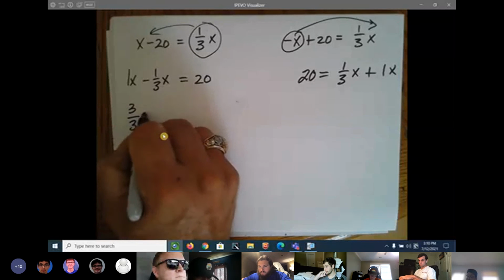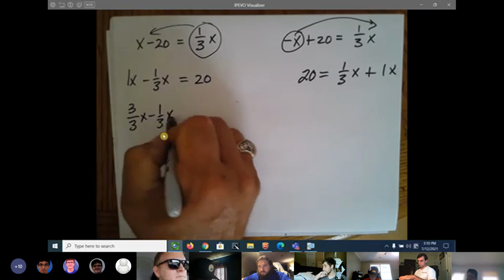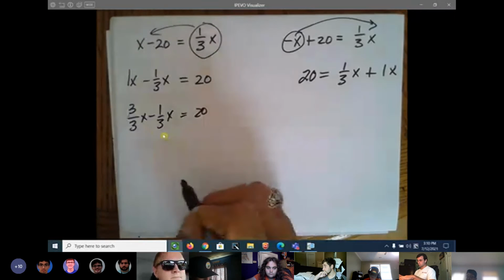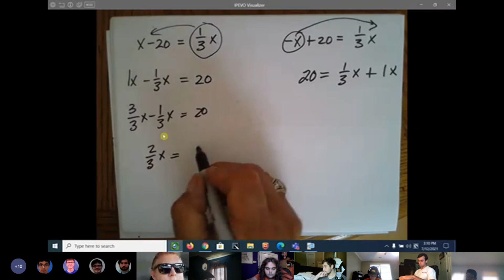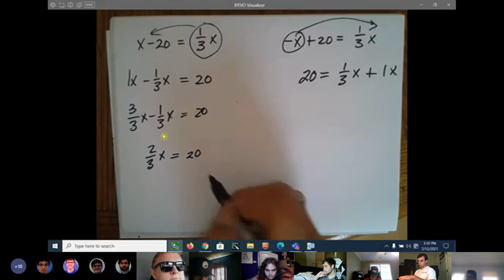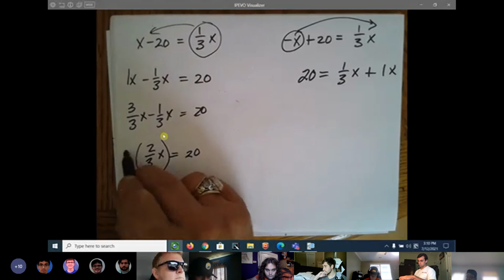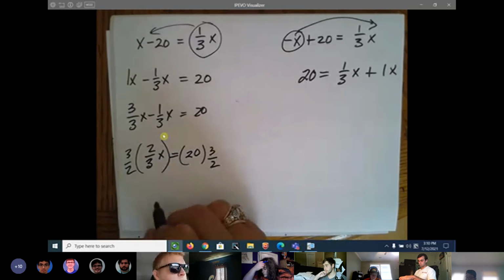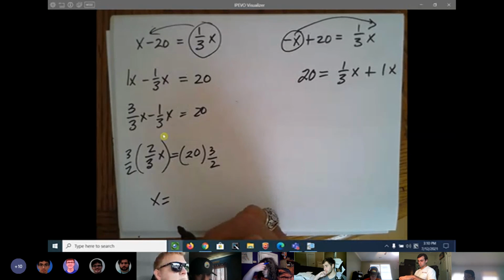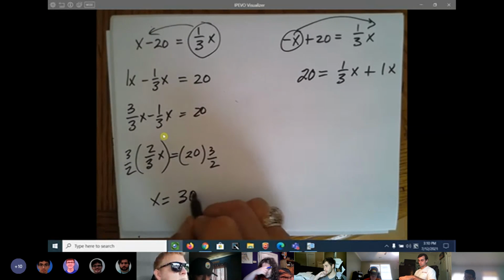Three thirds x minus 1/3 x is equal to 20. 2/3 x is equal to 20. Multiply by 3/2. X is equal to what? 30.